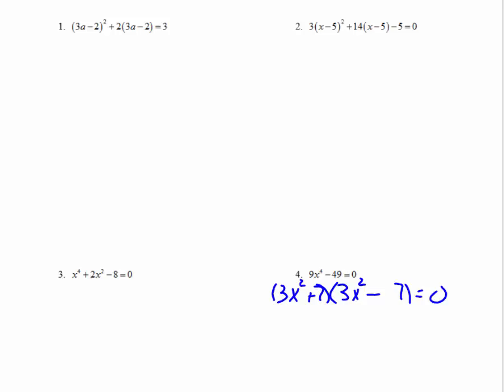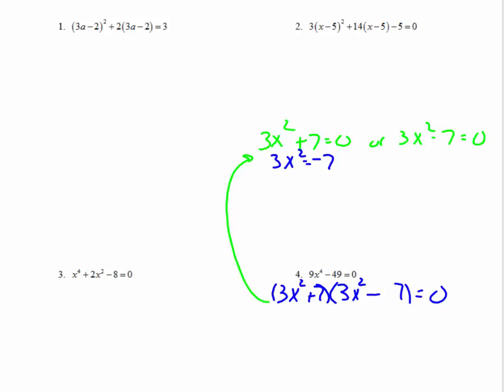So then we'll take each factor and set it equal to 0. So I'm just going to come up here. So 3x squared plus 7 would equal 0, or 3x squared minus 7 would equal 0. So then I'll subtract over the 7, so 3x squared is going to equal negative 7. Take the square root of both sides after I divide by 3. Don't take the square root yet, because you got to get the x squared by itself.